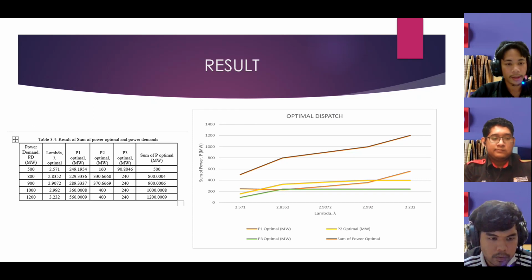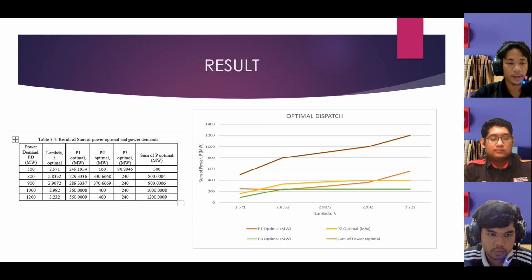And for the 800, the P3 will generate at the full power, which is 200 and 240. And for the 900 also, the P3 will generate at the full power too.